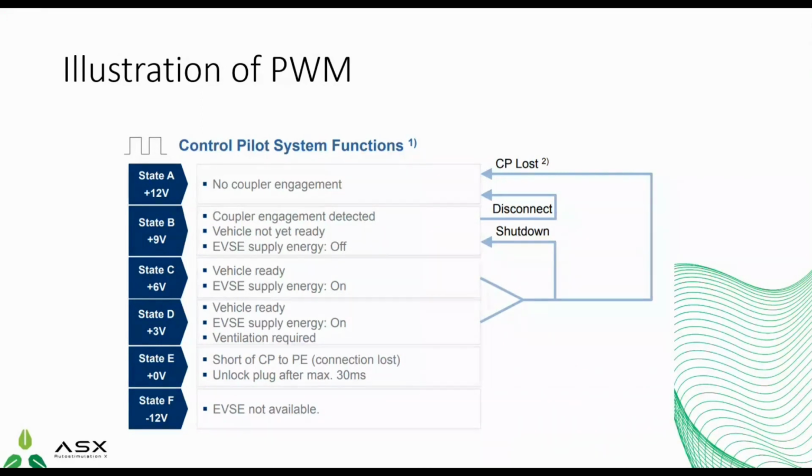We also have some functions in our simulator so you can manually do these simulations in the software. For example, I have connected a coupler, but I just want to give a signal of no coupler engagement. There is one button in our software that gives us that.